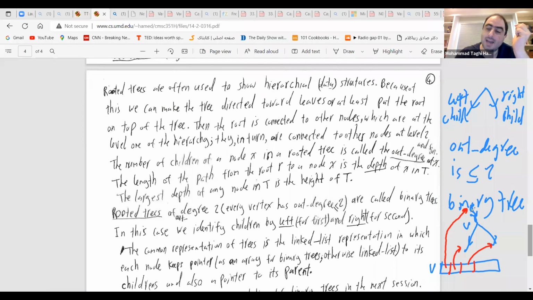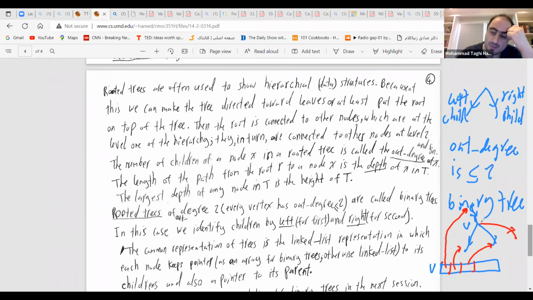So a binary tree can be represented like that. Even if it is not a binary tree, instead of this you can use a vector or a list, essentially. If the degree is greater than 2, that is still fine. In general, each vertex might have more than 2 children.